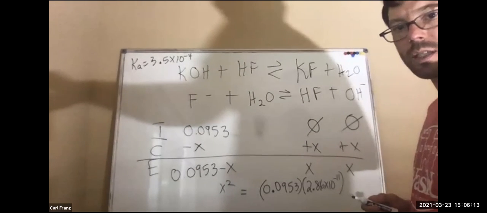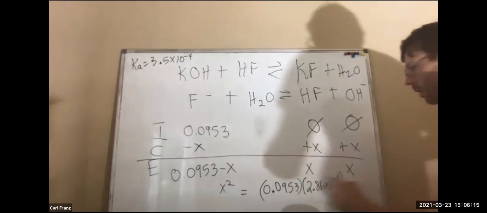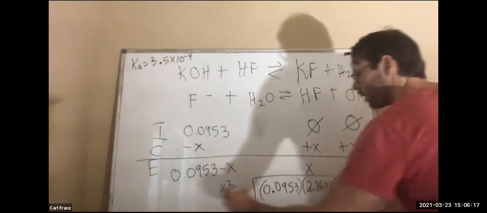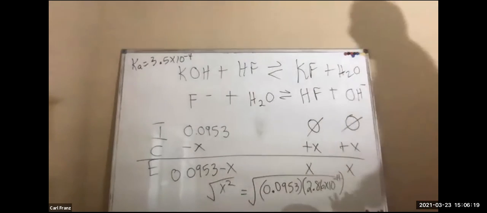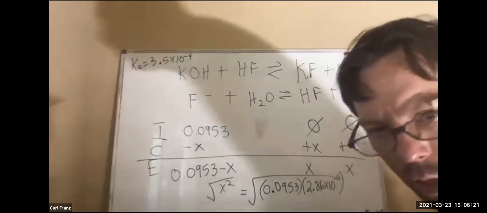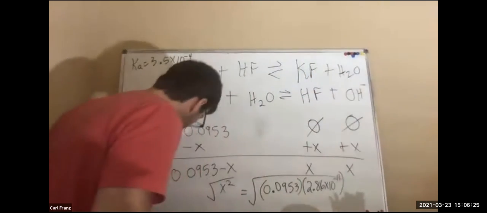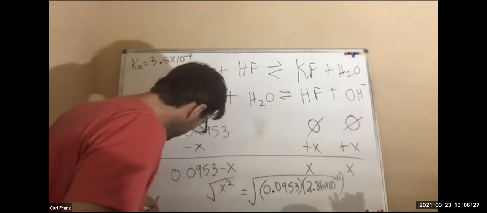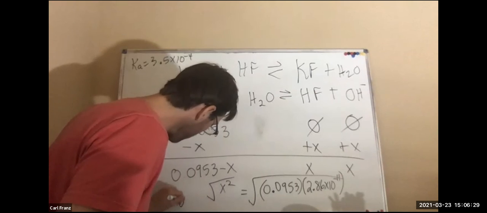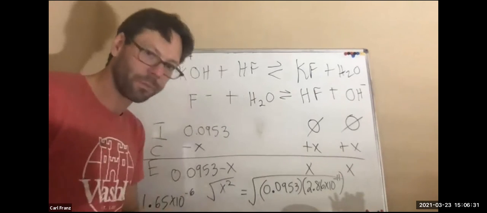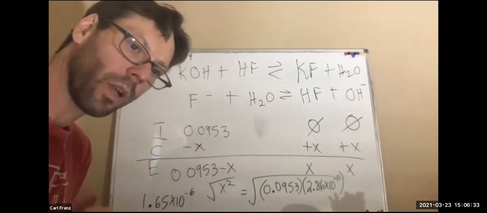And then we just take the square root of each side, and you get 1.65 times 10 to the negative 6. Great.